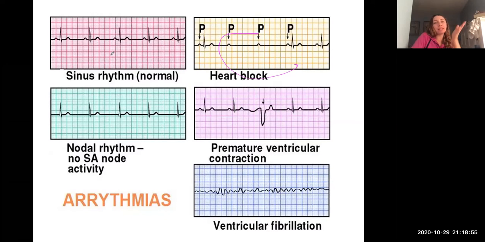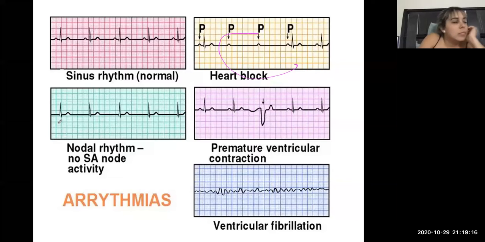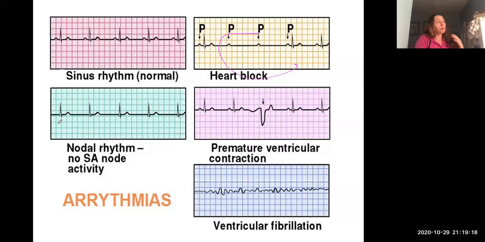But this is basically how to tell a normal ECG: everything's pretty much the same and consistently spaced away from one another. Right here, there's no SA node activity. This is one of the reasons why I talked about earlier how the SA node depolarizes the atria first, and by depolarizing the atria first, this allows for contraction of the atria halfway through.